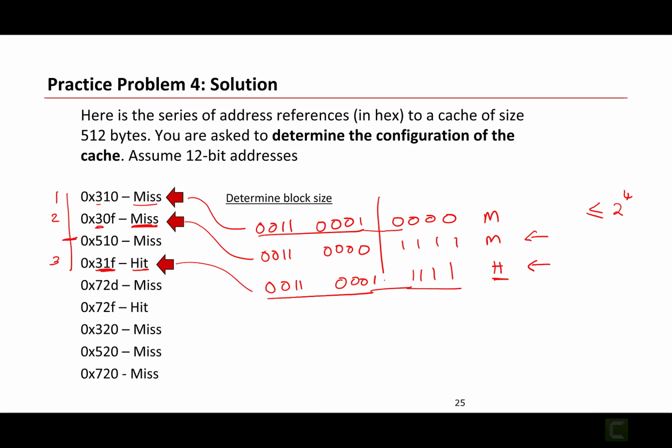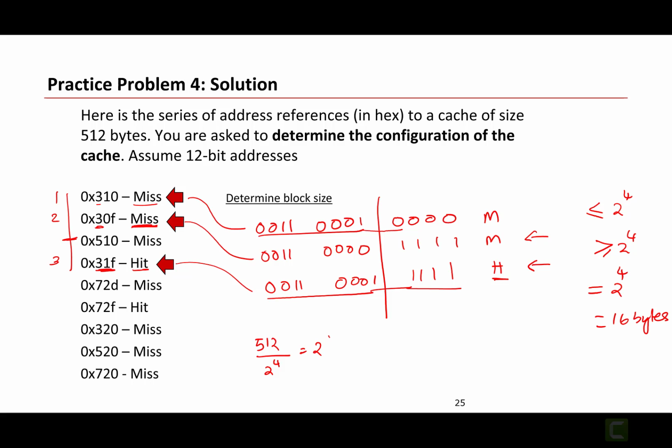So therefore the block has to be at least as big as 2 to the power 4. Now if you combine these two constraints, you will get the block size to be 2 to the power 4, which is 16 bytes. Once you figure out what the block size should be, we can compute the total number of blocks very easily.